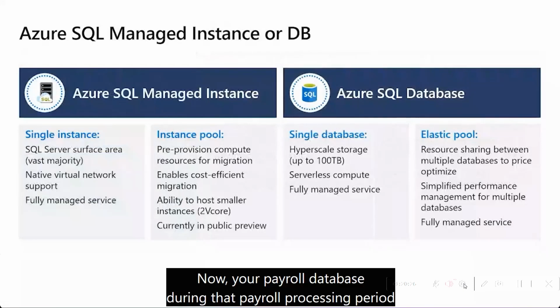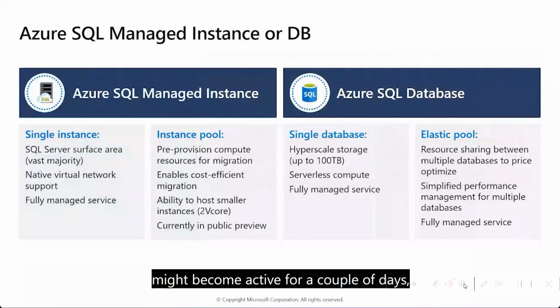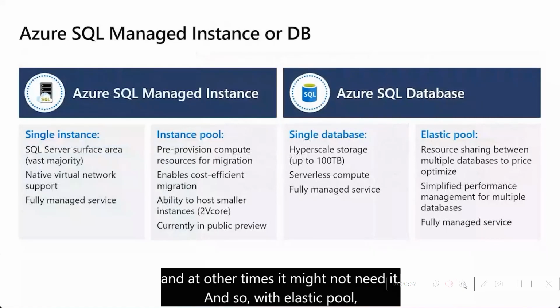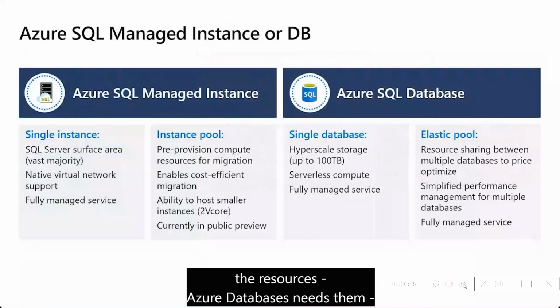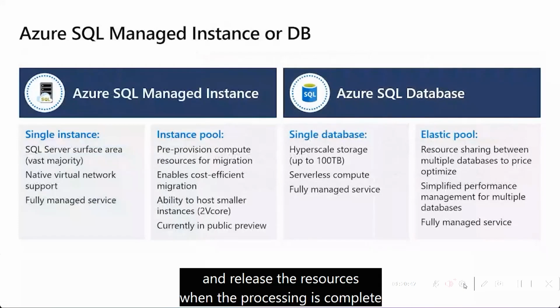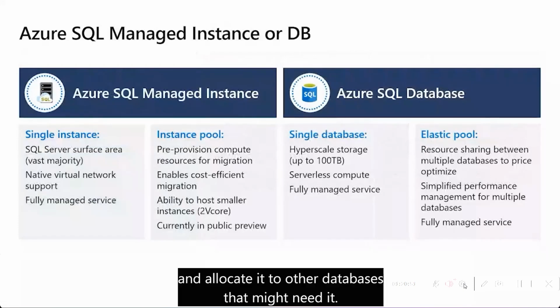Now, your payroll database during that payroll processing period might become active for a couple of days to process those payrolls, and at other times it might not need it. And so with Elastic Pool, what this allows you to do is essentially scale the resources Azure databases need them and release the resources when the processing is complete and allocate them to other databases that might need it.